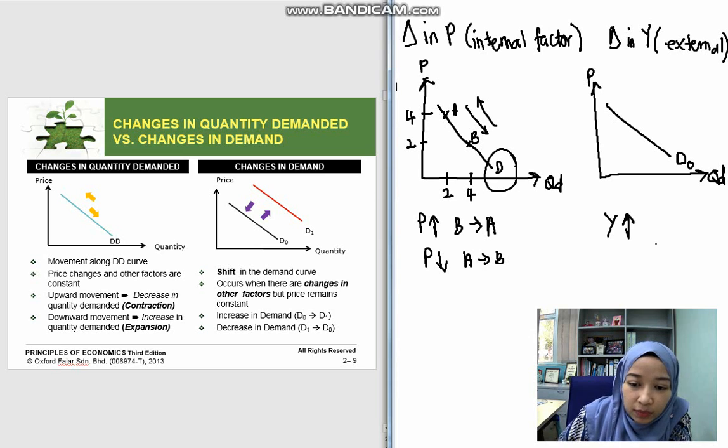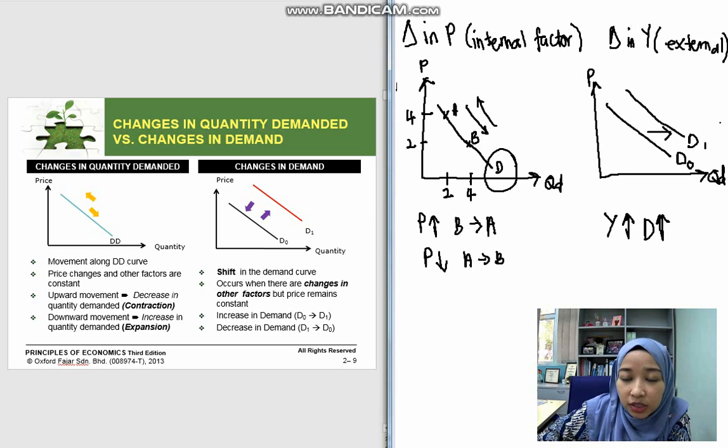So when they have more money to spend, demand will be higher. Okay, so demand will increase. So what happens when demand increase? Your demand curve here will shift to the right. Okay, when your demand curve shifts to the right, it means that demand has increased.